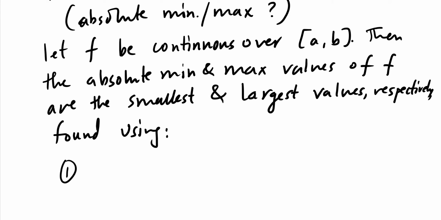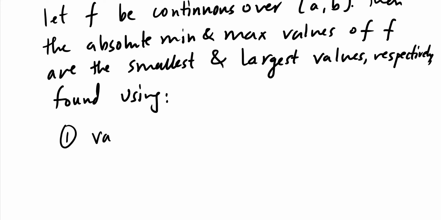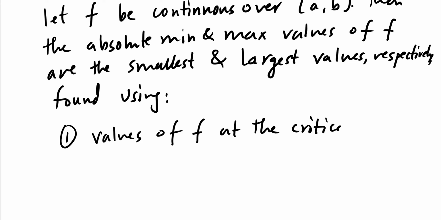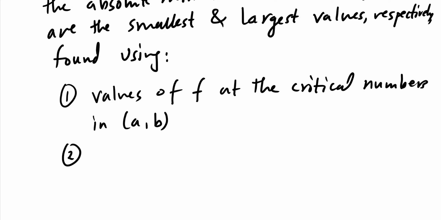The first guideline is finding the values of f at the critical numbers in the open interval (a, b). So whatever critical numbers you found, as we did in the previous examples, you just find f of those numbers. And also, we find f of a and f of b. So basically the y values at the endpoints.